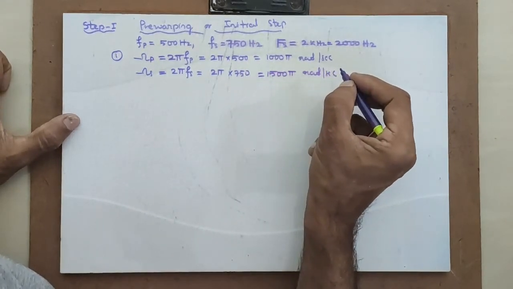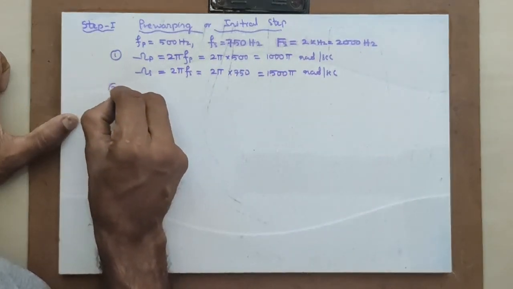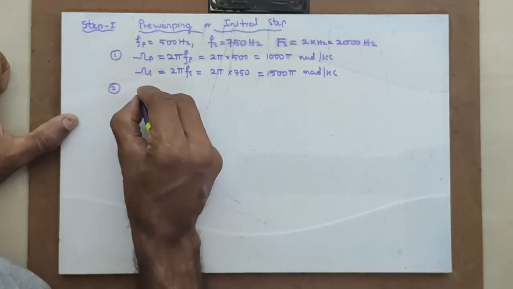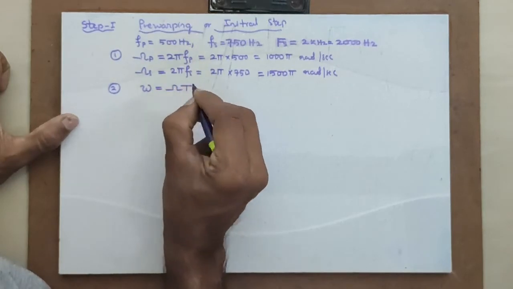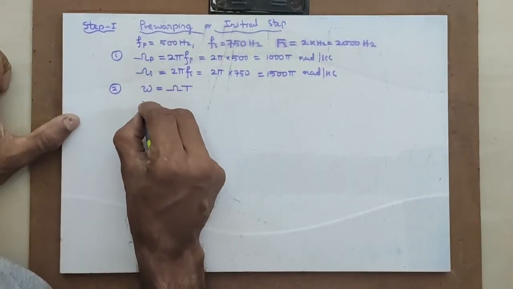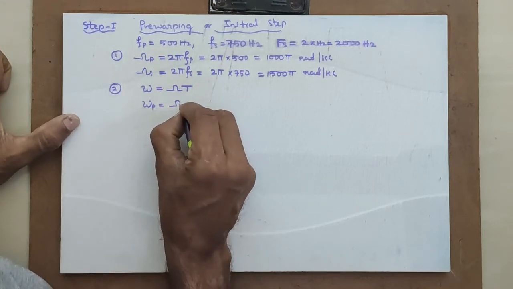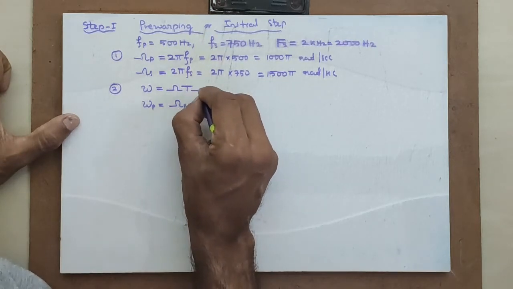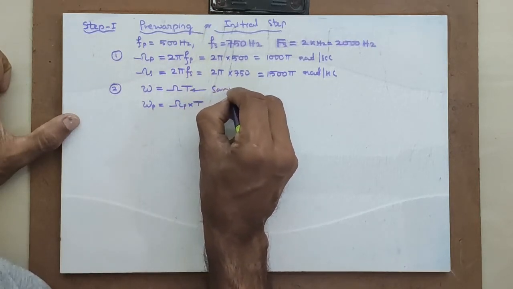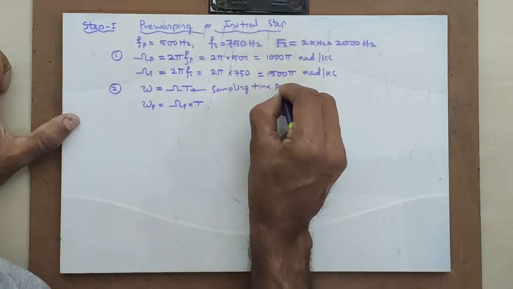Now the second substep: you have to use the formula W equals omega T. That means the passband edge Wp is equal to omega p into T, where T is the sampling time period.